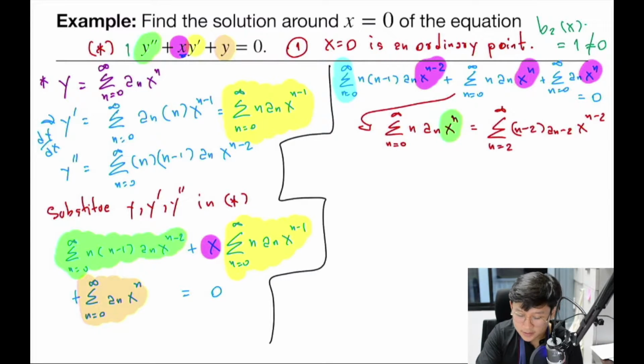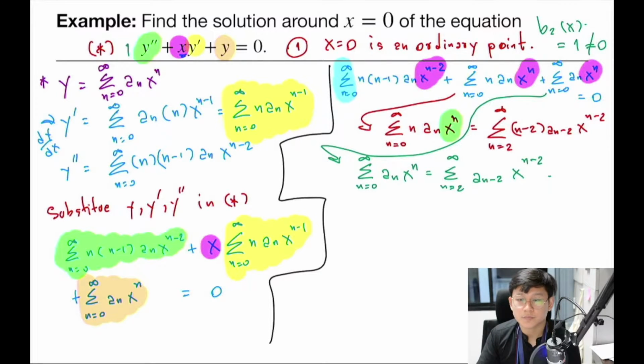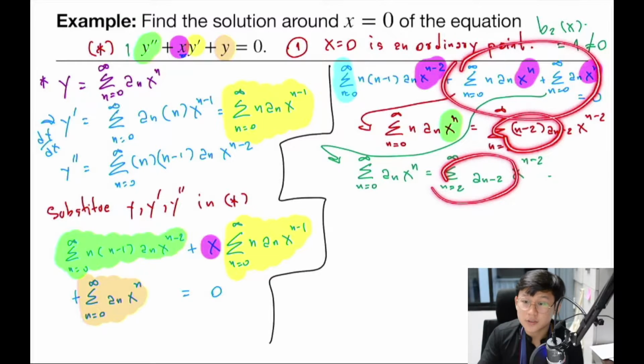Okay, and similarly, for this summation, it would be sum n 0 to infinity a n x to the n. That would be sum n from 2 to infinity a n minus 2 x to the n minus 2. Okay, and then I substitute this into that.